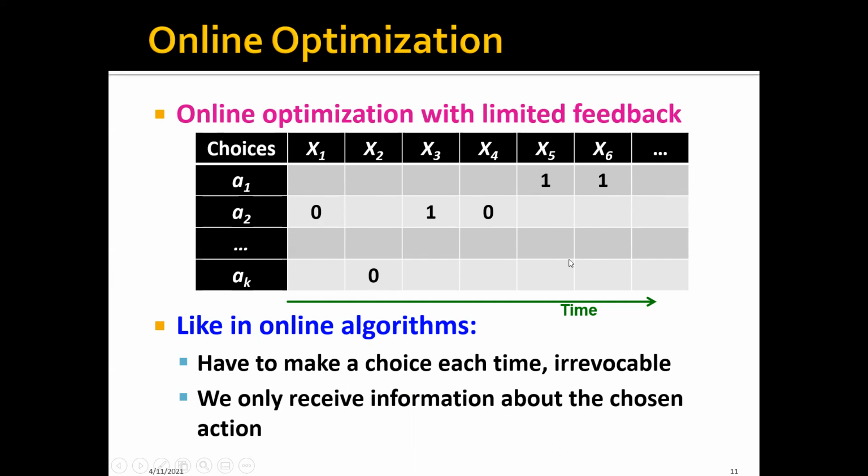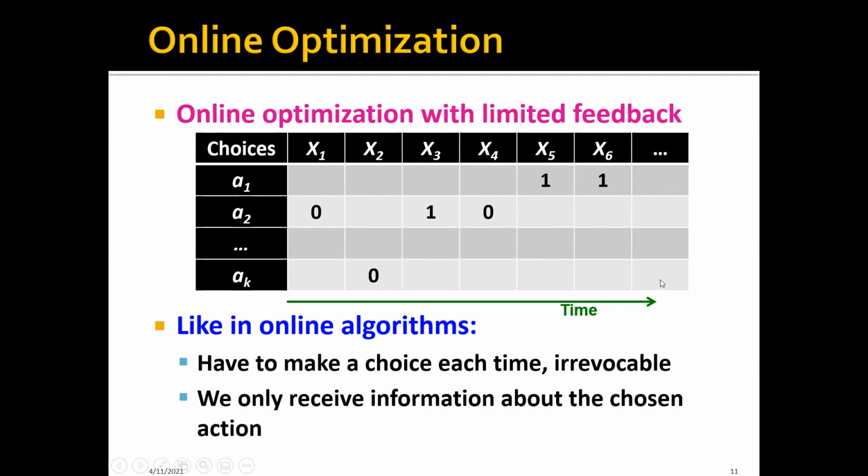So like in the online algorithms, we have to make a choice each time, and the choice is actually irrevocable. Let's say that you already made a decision what arm to pull in the 4th round, and if you're in the next round, you can never go back to the previous round to change the decision.